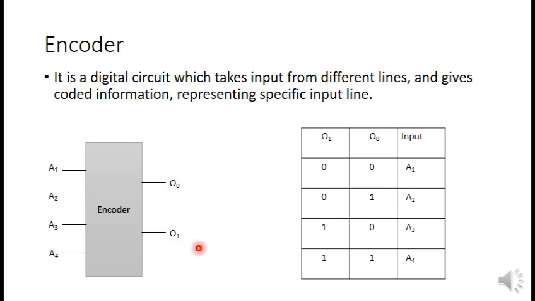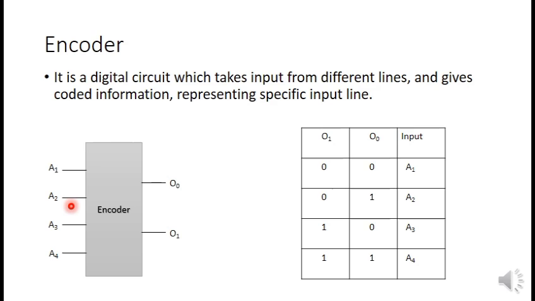For the encoder, note that we are restricted to give information from exactly and only one input line, and this information is then converted into code and appears on output lines O0 and O1.